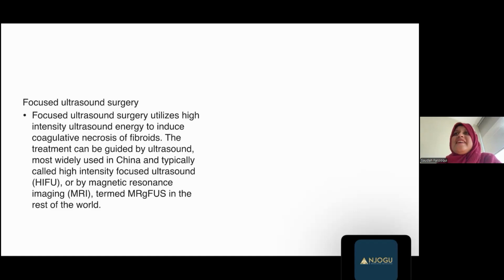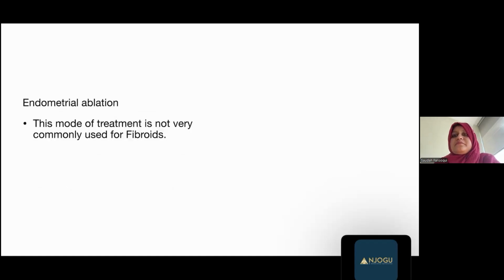So you might have 10 fibroids, all 1 centimeter or less, and you could still use this option. Or you might have one fibroid which is 12 centimeters, and you're not eligible for this management option.